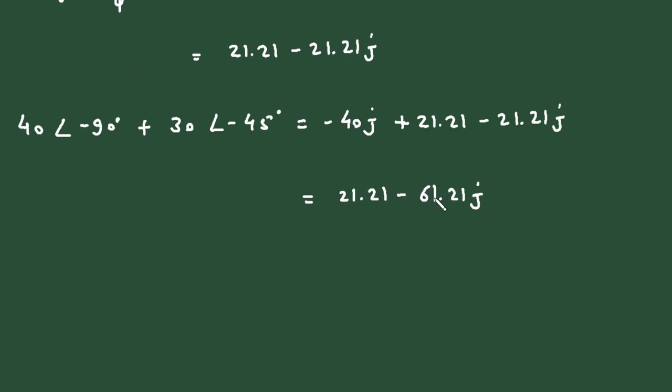Now we will convert this into its equivalent polar form. So we will use this formula, under root of, let's copy this from here first. Here we can write convert this into polar form.